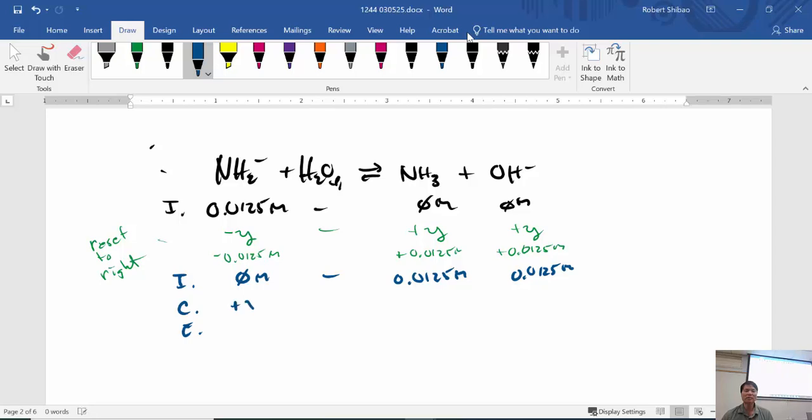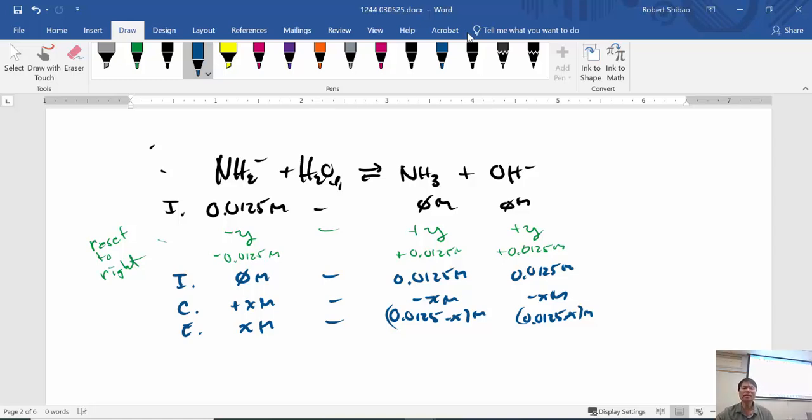We're going to add to the 0 plus x molar. And over here, this is going to be minus x molar, minus x molar. So at equilibrium, I'm going to have x molar amide, 0.0125 minus x molar ammonia, and 0.0125 minus x molar hydroxide.